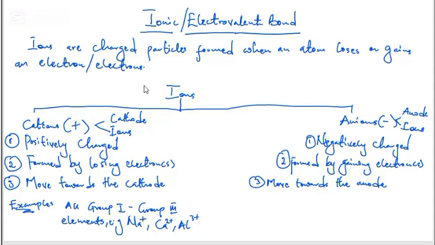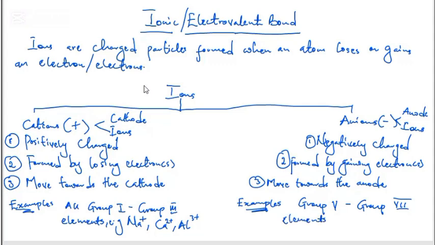While for examples of your anions, we say all group 5 to group 7 elements fall under your anions.